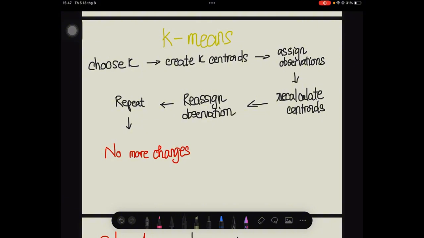For example, K equals 2 means 2 clusters, K equals 5 means 5 clusters. These clusters are not overlapping. Each observation belongs to one cluster. The algorithm then tries to organize the observations around centroids. A centroid is essentially the center of a cluster, and the algorithm repeatedly adjusts the centroids until the clustering stabilizes.